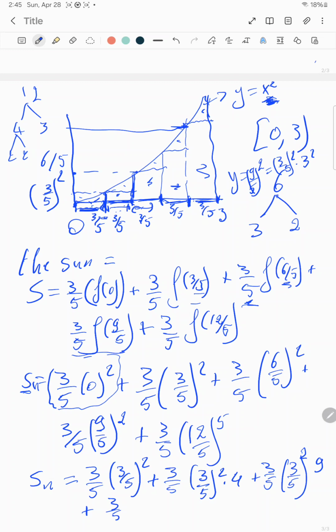So the 12, I can write it 3 times 2 times 2 times 2 square. So it is 3 over 5 square, and I have 2 to the power of 2, but again, because I have the square here, it becomes 2 to the power of 4, and 2 to the power of 4 is equal 16.